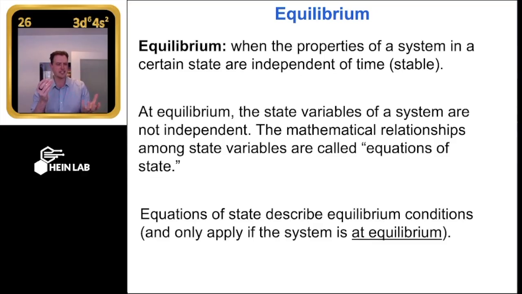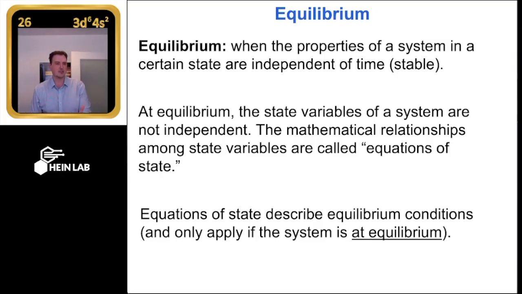This water has a temperature. Is it at equilibrium? Well, I could put a temperature probe in here, check the temperature, wait some period of time, check it again. If the temperature is not changing over periods of time, I can say it is at equilibrium. That means that the state variable that I'm looking at does not depend on how long I wait. It is not an instantaneous value, it is an equilibrium value.